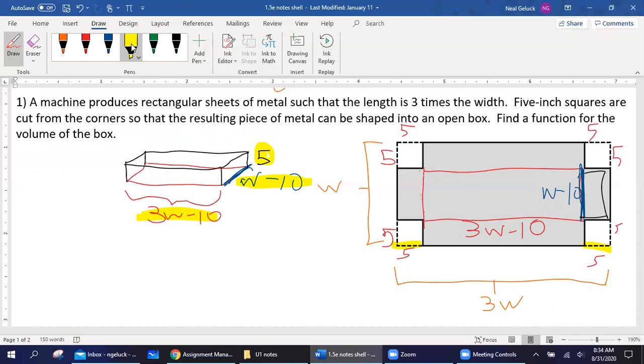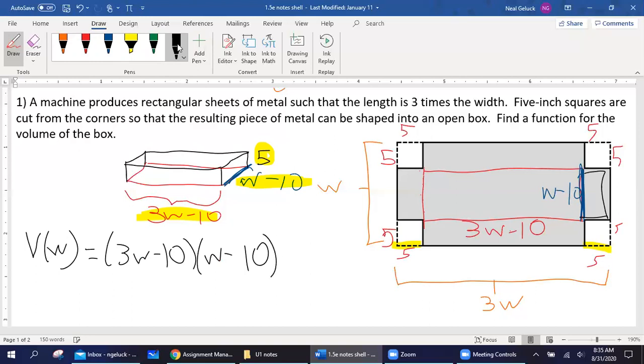So find a function for the volume. I'm going to multiply all these together. I'm going to use functional notation here just to get us more accustomed to it. This would be volume in terms of the width, because that's the only variable I have. So it's going to be 3W minus 10, W minus 10, and then times 5.